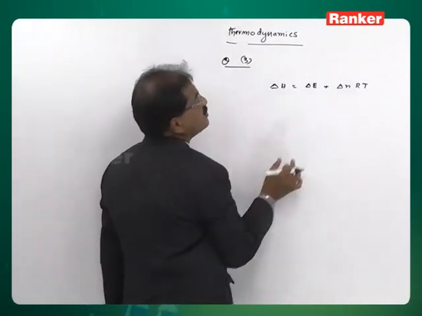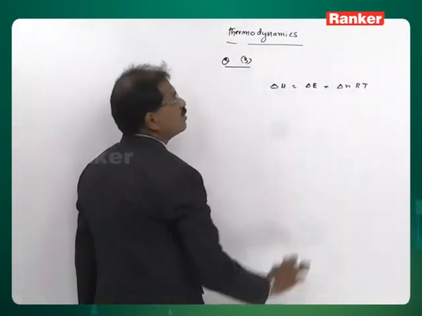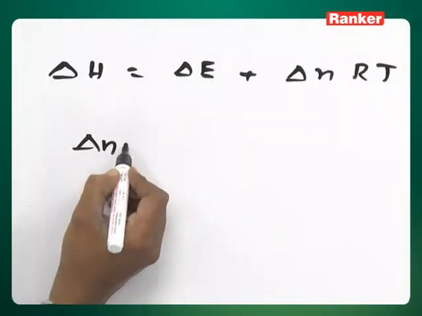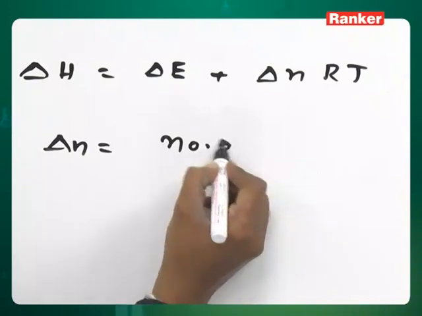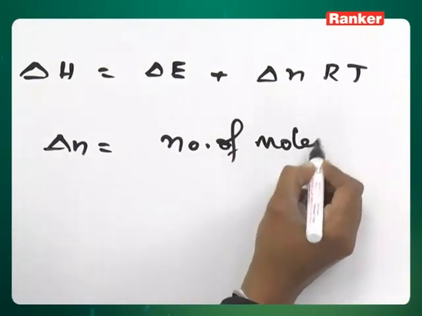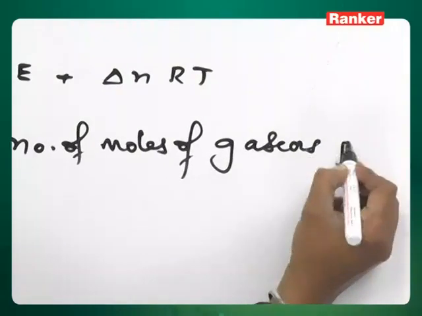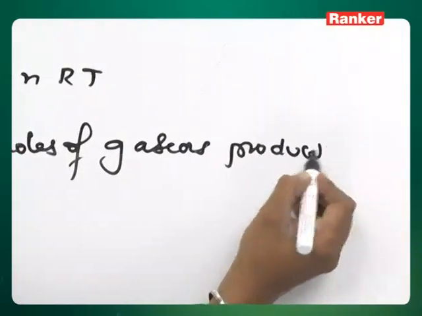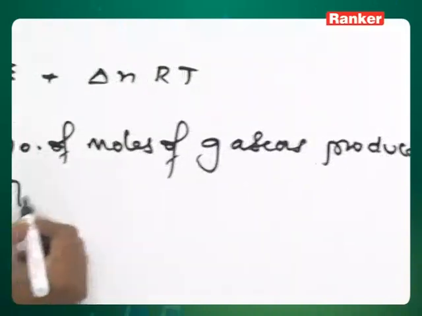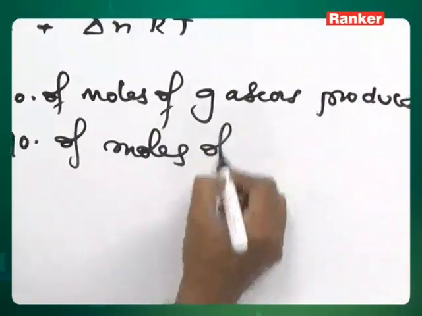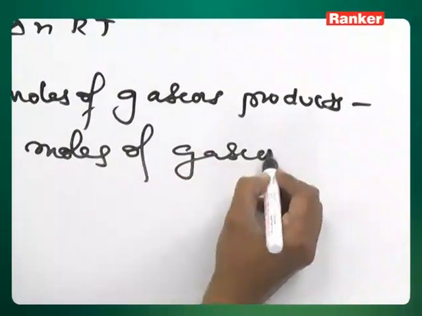Here del N represents the difference in the total moles of the products and reactants. Therefore, del N is equal to number of moles of gaseous products minus number of moles of gaseous reactants.